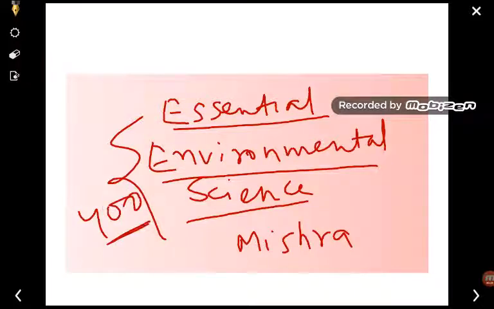This book covers almost 60% of our syllabus. If possible, buy this book, Essential Environmental Science by Mishra and Pandey, or else in our library 5 copies of this book are already available. You can issue the book and refer to it for the notes.